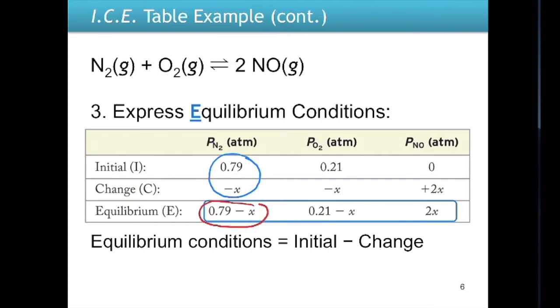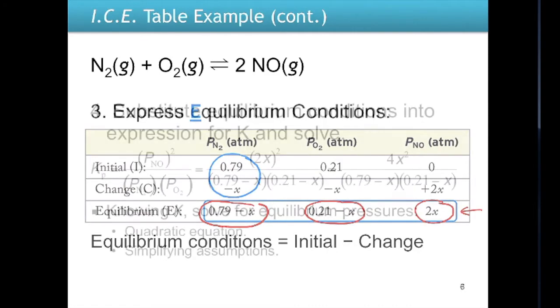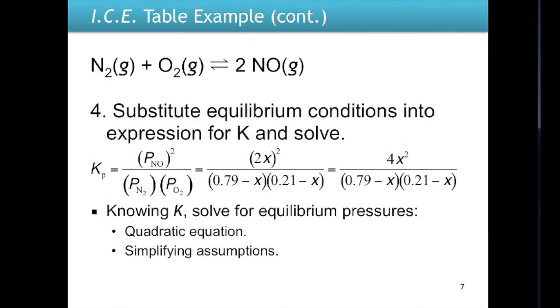We're going to have 0.21 minus x for the oxygen, and our NO, that's going to increase by 2x. So once we figured out this table and set it up, the only part we have to worry about is the equilibrium conditions. So then what we're going to do is to write out the equilibrium expression for this reaction.